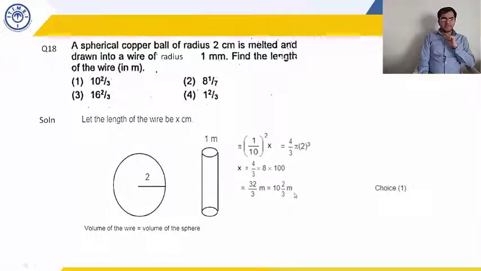And then convert to a mixed fraction because all my answers are in mixed fractions, to get 10 2 by 3 meters. How do you convert it into a mixed fraction? You can look at the reverse. 3 into 10, 30 plus 2, 32 divided by 3. It's the same. And if you were going in the reverse order, 32 divided by 3 gives you a quotient of 10 and a remainder of 2. So you get quotient, remainder, divisor. That's how you write a mixed fraction. 10 2 by 3 meters.